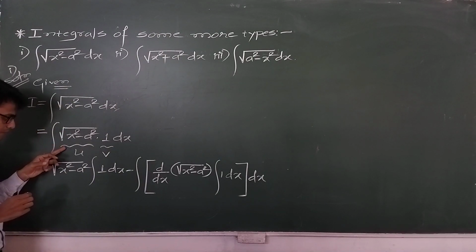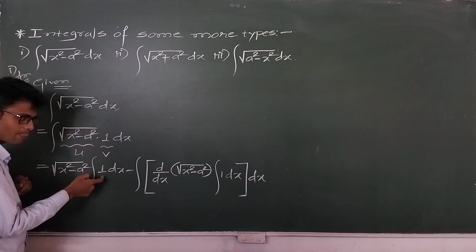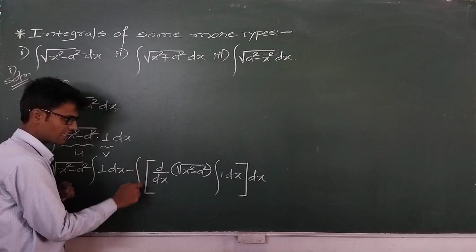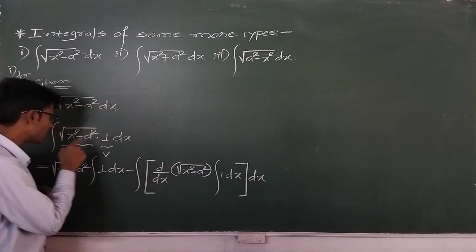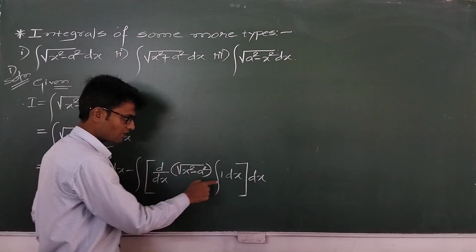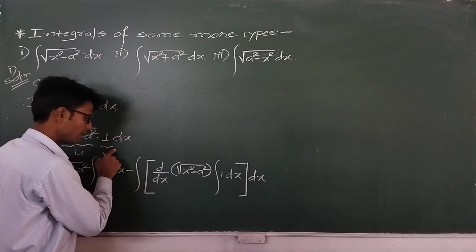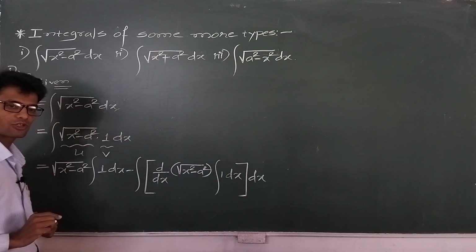See, first I kept u outside, integrating v, minus integration of inside bracket differentiation of u. So differentiation of u, where the value of u is square root of x square minus a square, and after that integration of v. The value of v is 1, that is the integration of 1 with respect to x, bracket complete, with respect to x you write.